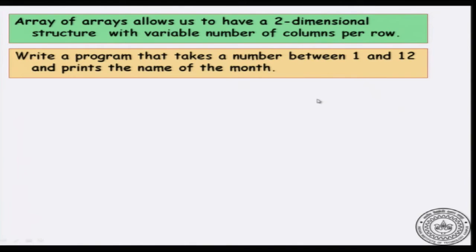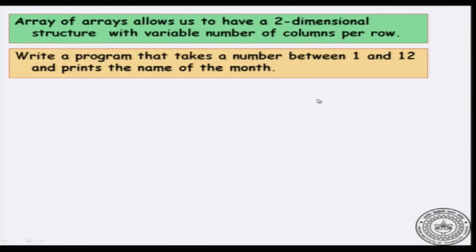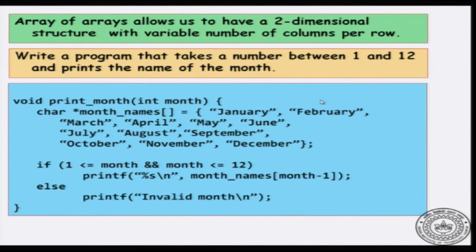Array of arrays now allows us to have a 2-dimensional structure with different number of elements per row, and this is the advantage that it has. Now, let us say that we want to write a very natural program, which takes a number between 1 and 12, and prints out the month name corresponding to that number. So, I want to store the months, and here is the problem: different months have different lengths.